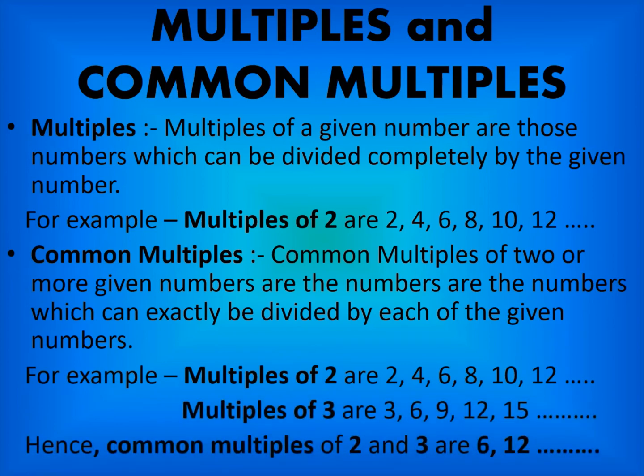Common multiples of 2 or more given numbers are the numbers which can exactly be divided by each of the given numbers.